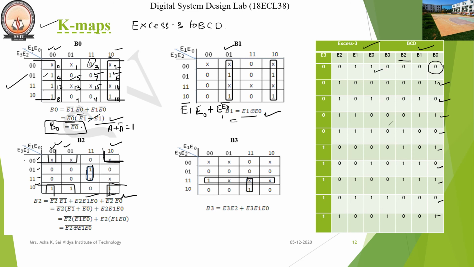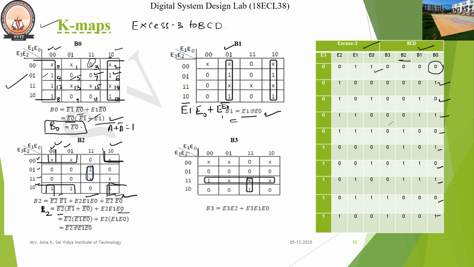After simplifying this particular B2 bit by taking the common term in the first and third groups, we'll have E2 dash, E1 dash plus E0 dash with E2, E1 and E0.